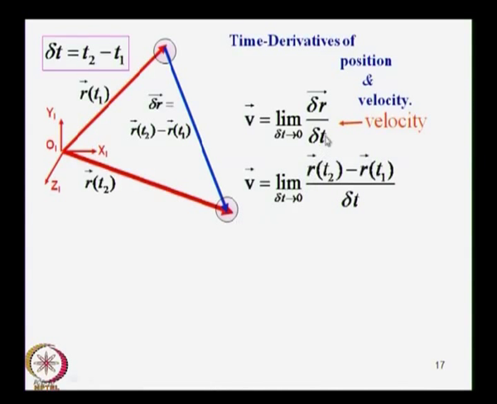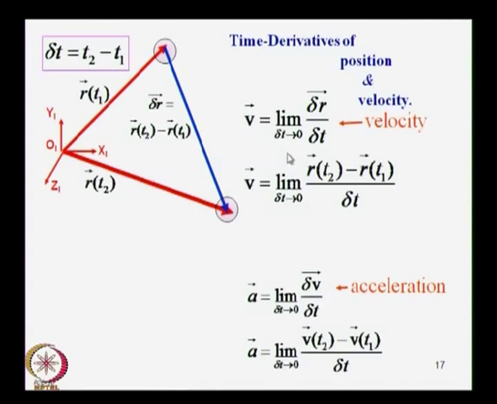If you divide this difference vector by delta t and take the limit delta t going to 0, you get the velocity, and if you construct a similar diagram for the velocity vectors, you will get the acceleration.